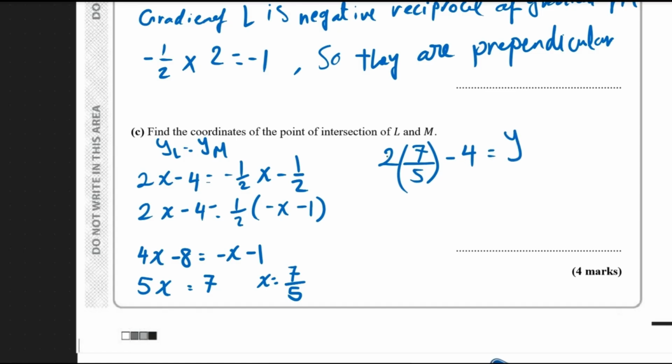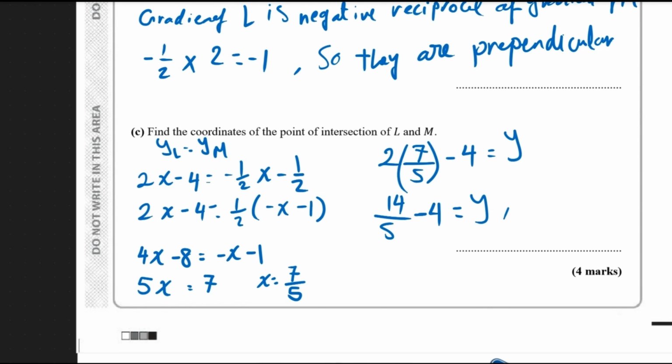So now 2 times 7 here is 14. So we can write 14 over 5 take away 4 equals y.